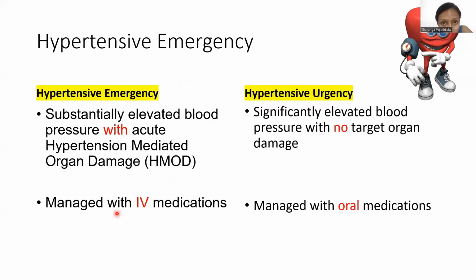You need to manage that patient with IV medications. Whereas if you have a significantly elevated blood pressure, but no target organ damage, that's a hypertensive urgency. So you manage that with oral medications.